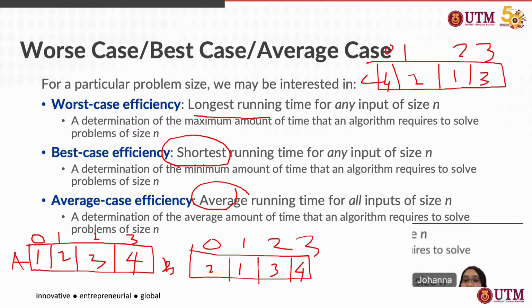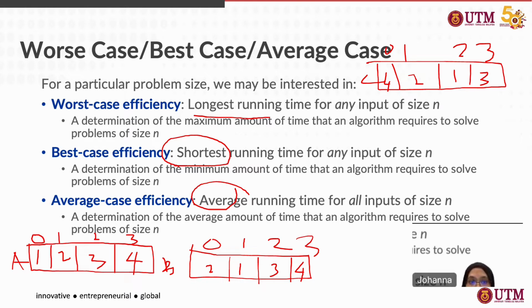Now, by looking at the values of the data, let's look at the first data set here. If the instruction is to please sort the values in ascending order, you can see that for data set A, the data is already in sorted order, meaning that we don't have to put much effort into it because it is sorted already.